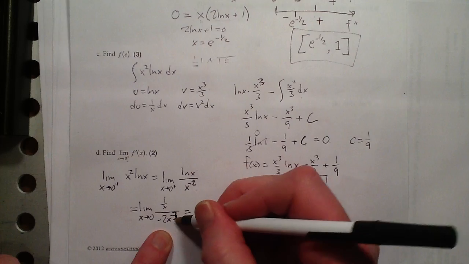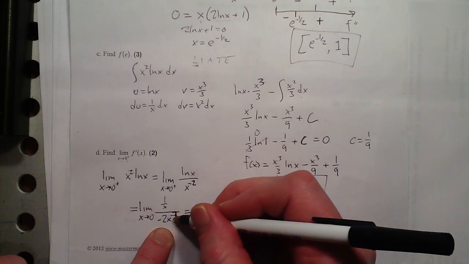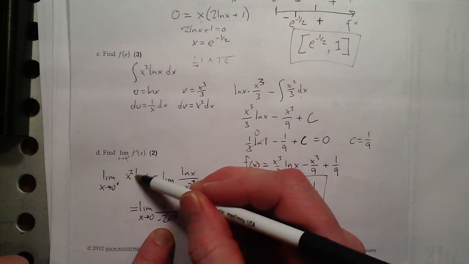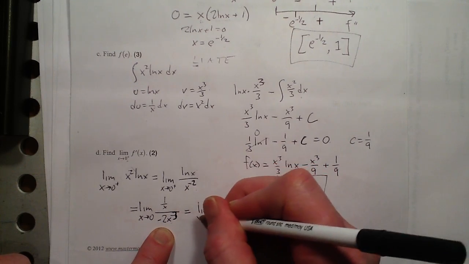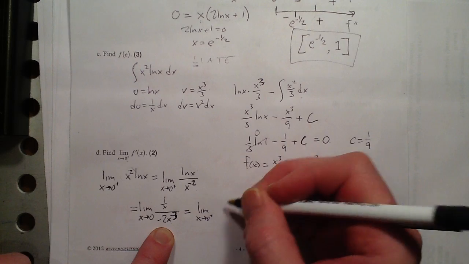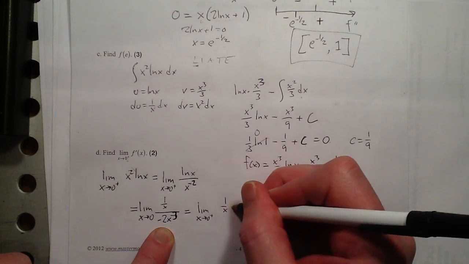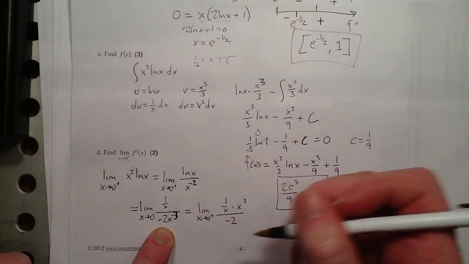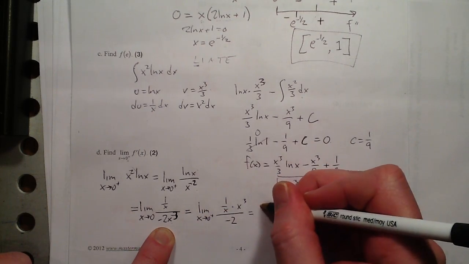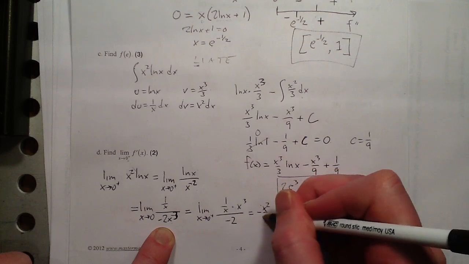And x to the negative 3 on the bottom is the same as x cubed on the top. As x approaches 0, we get 1 over x times x cubed over negative 2, which is negative x squared over 2.